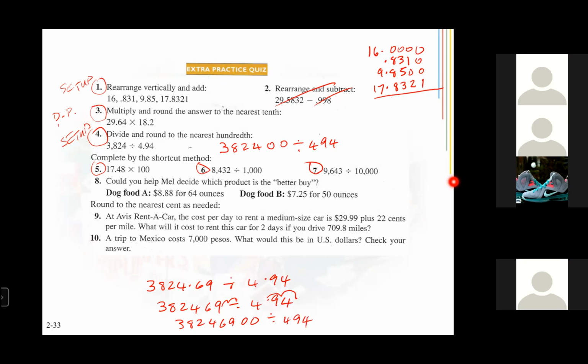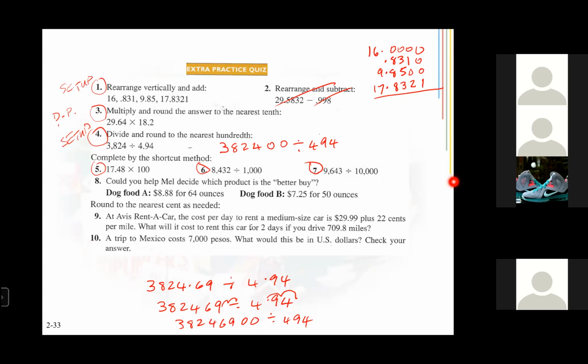So remember, the decimal point will be after the rightmost digit. So the rightmost digit there is the 4. Since you didn't see any decimal point, that means the decimal point is after the 4. So if you have to move 2 places to the right, whatever number place, you're going to add zeros to hold the place.